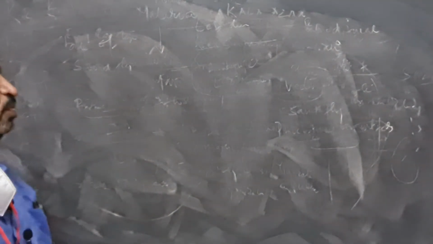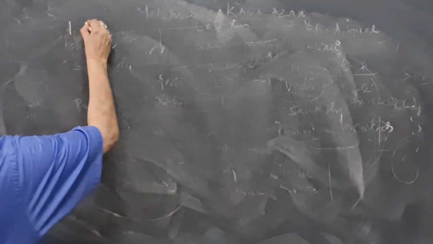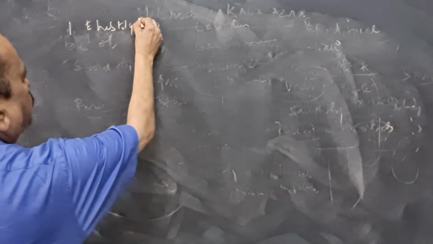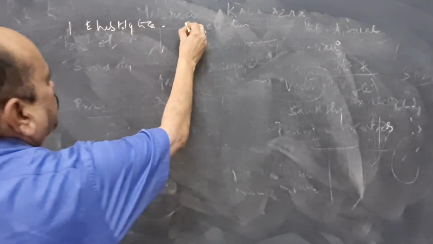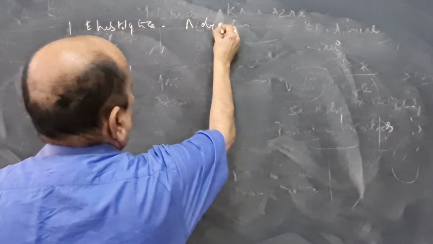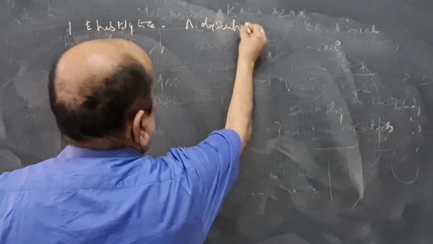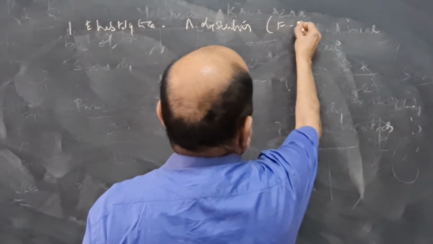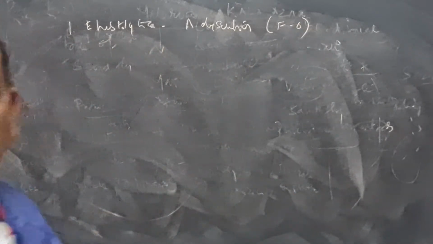So now you know the names of many parasites. The first one we remembered was Entamoeba histolytica. It gives rise to amoebic dysentery. The route of transmission is feco-oral route. The infective form is the quadrinucleate cyst.